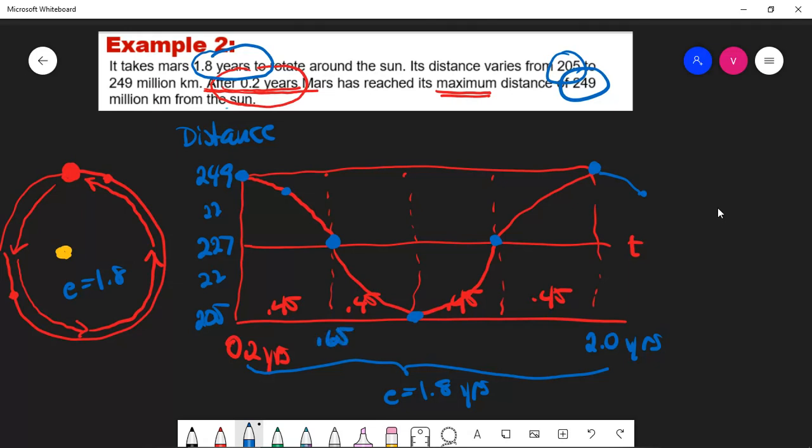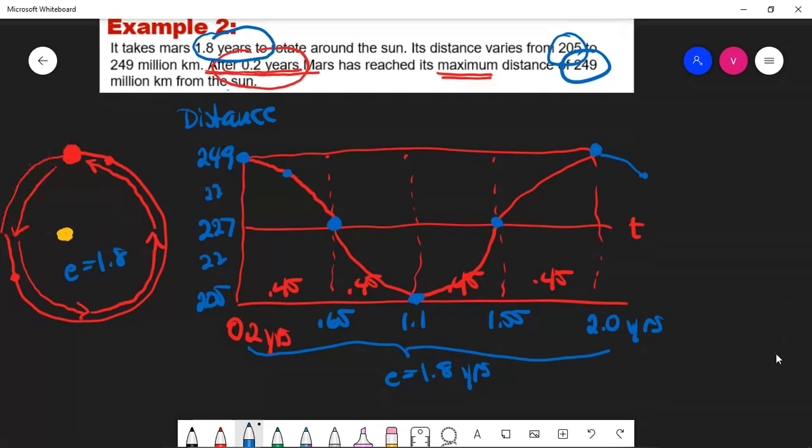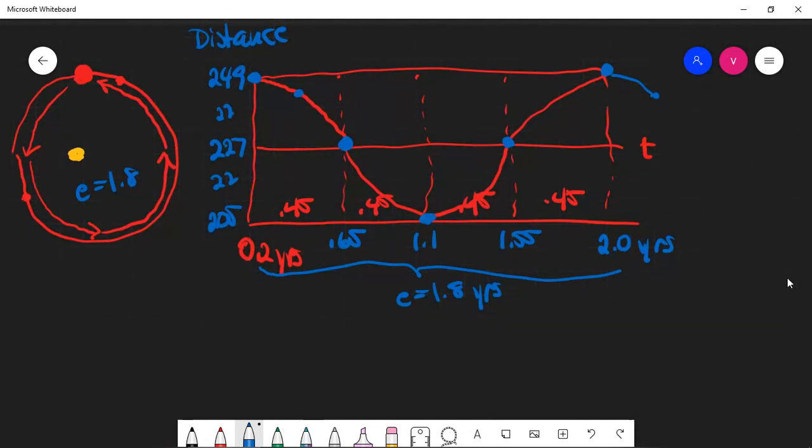Plus another 0.45 is 1.1. Plus another 0.45 would be 1.55, plus another 0.45 should equal 2. Yes, it does.